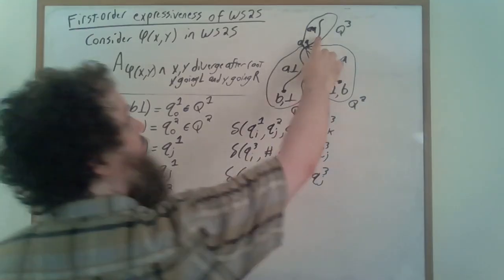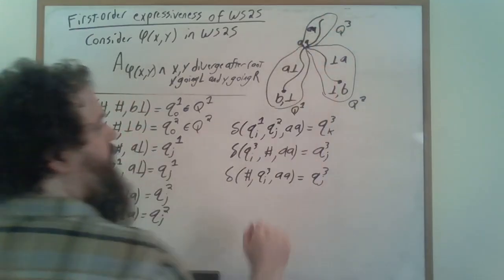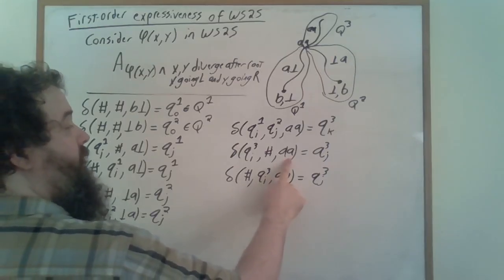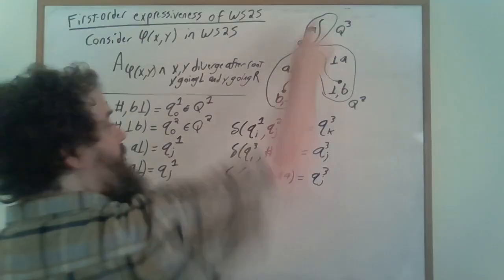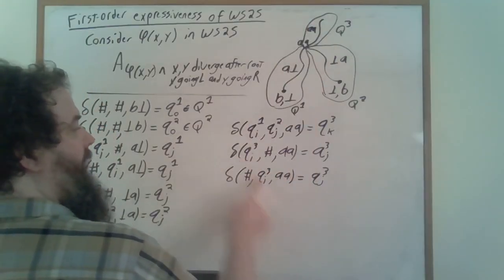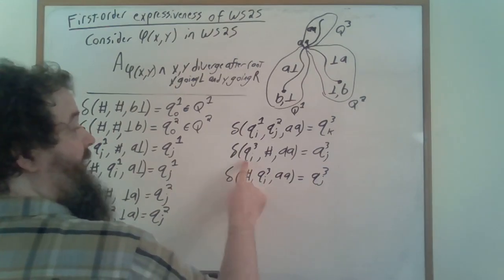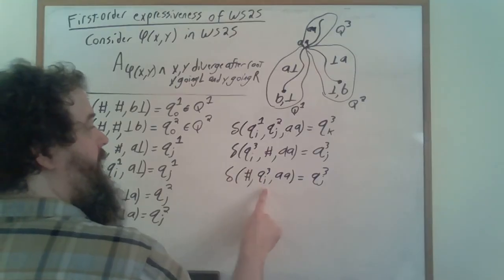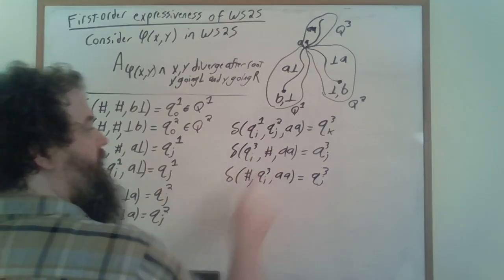And then finally, as we work our way up this branch, we're going to see nodes that have the character AA associated to it. This is a branch, so we're only going to see one child node, either a left child or a right child. It's going to have a state associated to it, some state in Q3, so I'm using Qi superscript 3 for that.